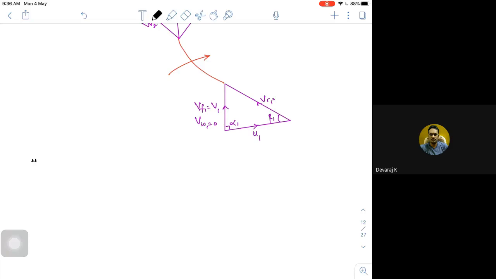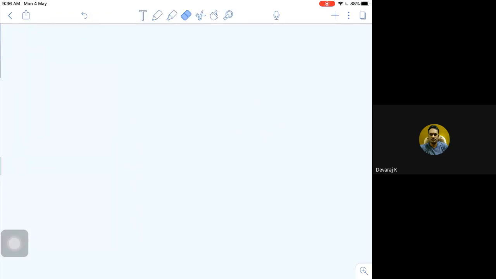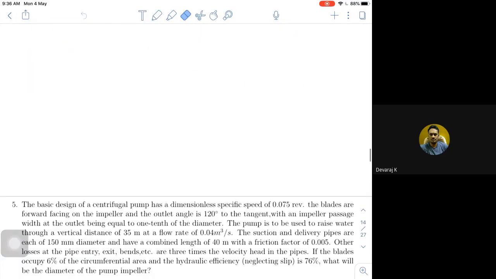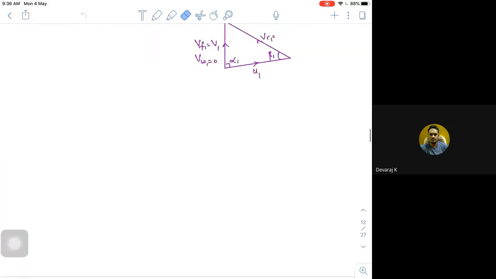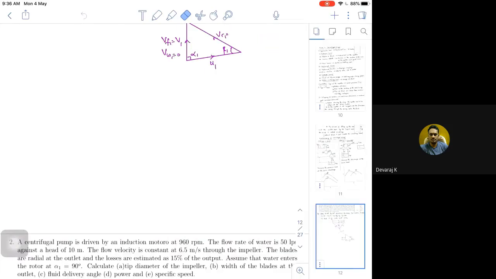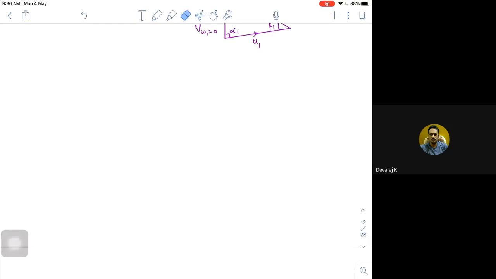So U1 is equal to pi d1 N by 60, that is pi into 0.03 into 1500 rpm divided by 60.